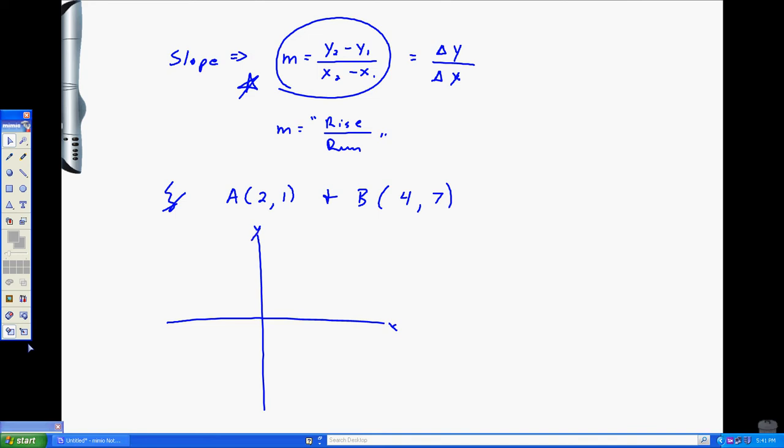When I plot A, 1, 2, and I go up 1, there's point A. And I plot B at 4, 7. There's B. So the line joining them is what we're trying to find the steepness of. Now that's a pretty steep line, but let's see how steep that is. It's not vertical, so it's obviously something.